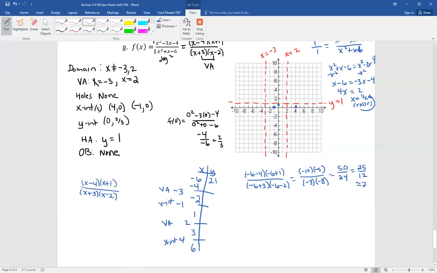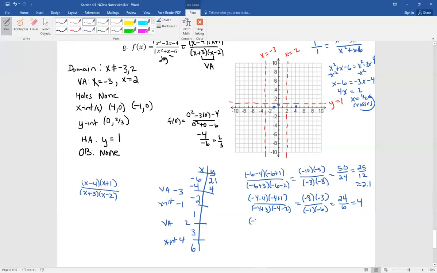Okay. And then we have -4 minus 4, -4 plus 1, -4 plus 3. We're plugging it back into this, -4 minus 2. So that's going to be a -8 times a -3 over a -1 times a -6. That's positive 24 over 6, and that's going to come out nicely to positive 4.